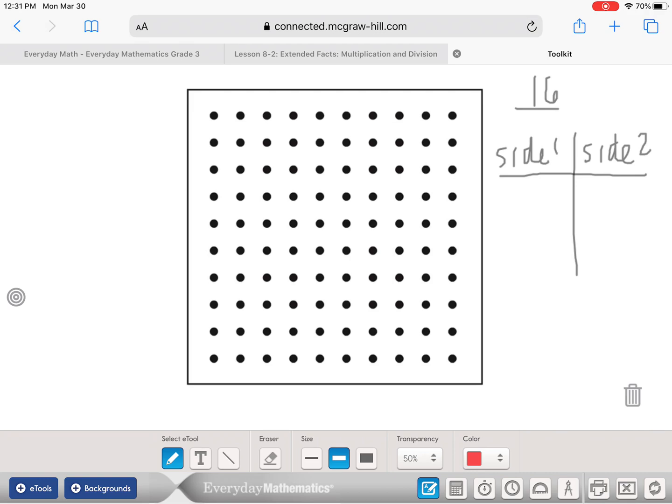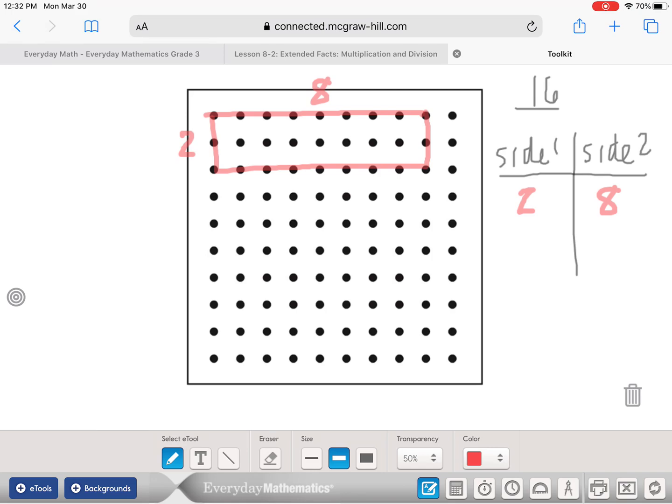All right, one way to make 16 is having 8 times 2. So if I go across 8, go all the way to there, and then I go down 2. So one side is 2, and one side is 8. So I would write 2 and 8.